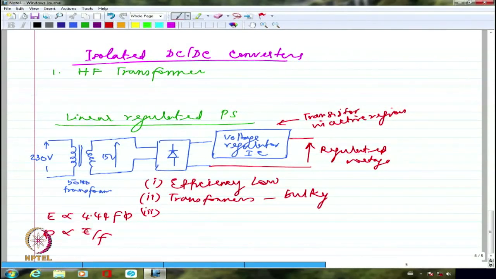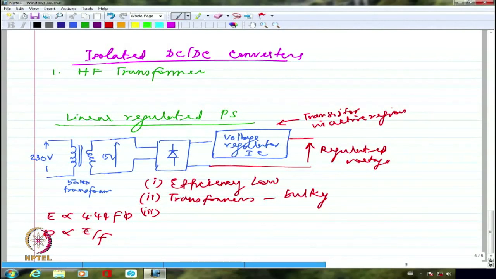One can feed 5 volts, one can feed 12 volts, another one can feed minus 12 volts, the fourth one can feed 3.3 volts and so on. So SMPS generally will have a single primary and multiple secondaries in the high frequency transformer used at the end. Because of which I would be able to get multiple outputs from a single input feeding line, whereas that doesn't happen most of the time in linear regulated power supplies.